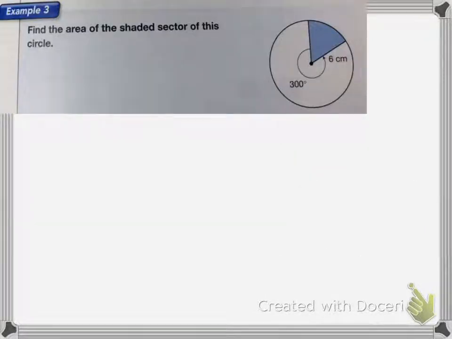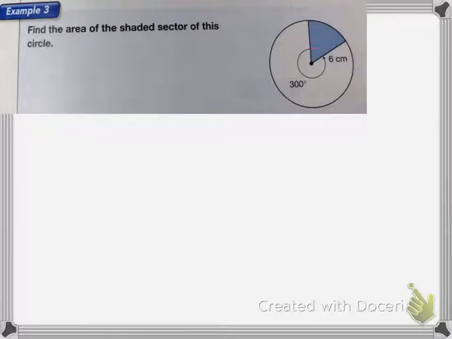This part is arcs. So we can calculate the lengths of arcs and the areas of sectors by determining the fraction of the circle represented by the arc or the sector. So if I want to find the area of the shaded part of this circle, the central angle of the shaded sector measures 60 degrees.